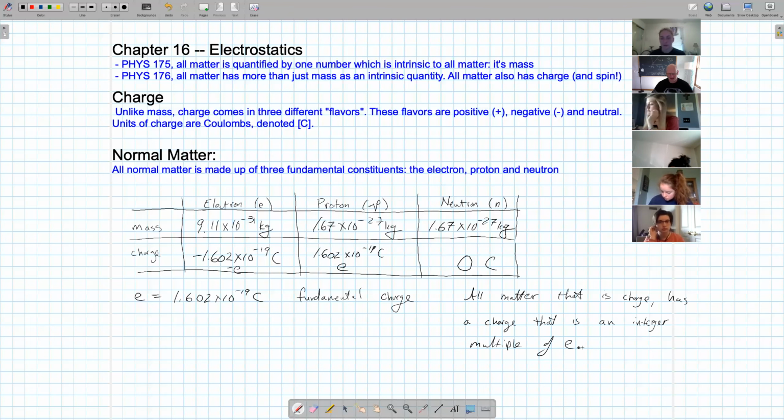Now, it turns out that the fundamental charge isn't actually the smallest amount of charge you can have, because we have things that exist in nature called quarks. Anybody know what a quark is? No. So a quark is actually the building block of a proton and a neutron.